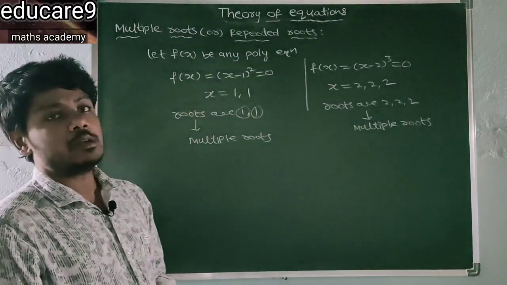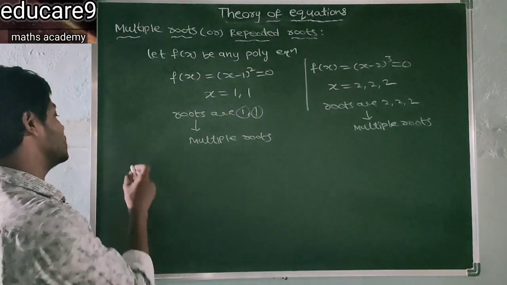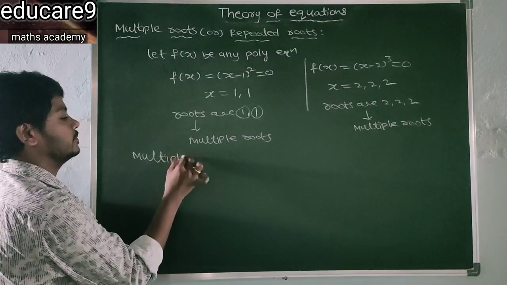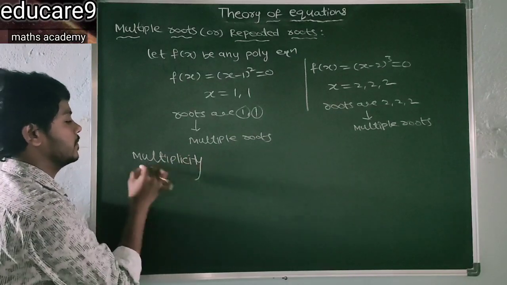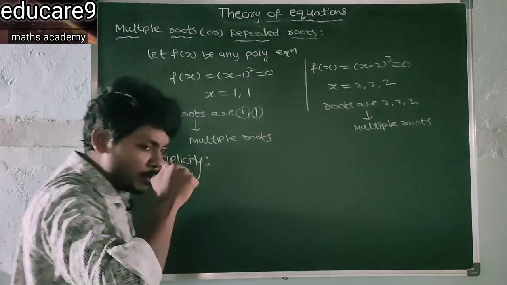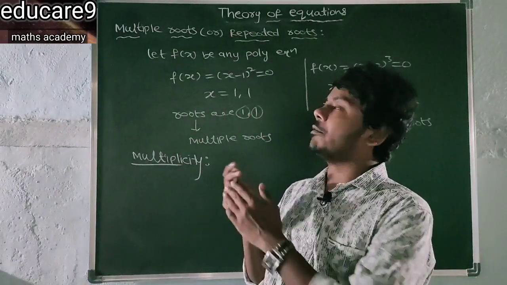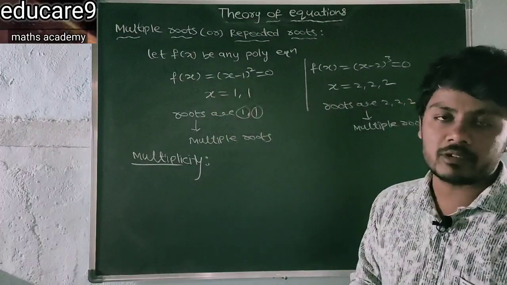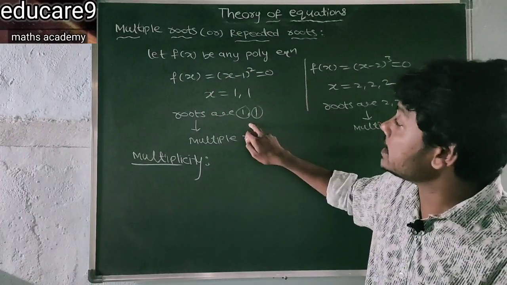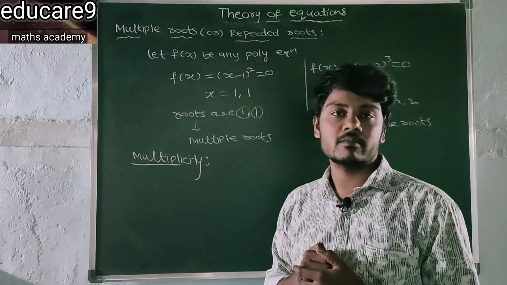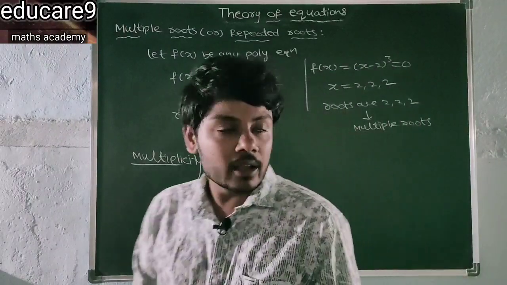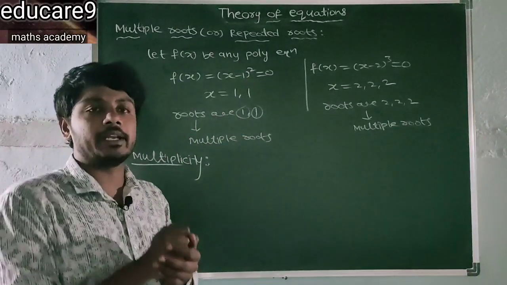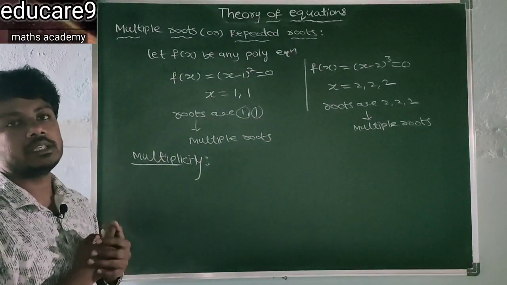Next definition, multiplicity. Multiplicity means, let f of x be any polynomial equation. Here 1 is repeated 2 times. The number of times a root is repeated is called multiplicity.